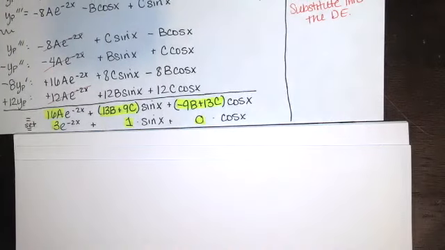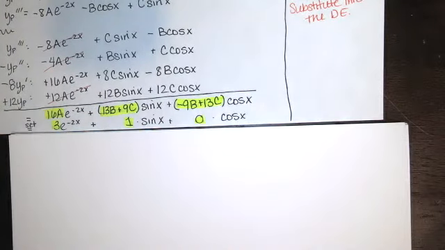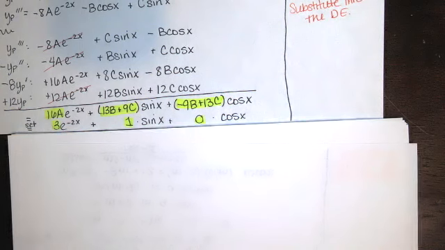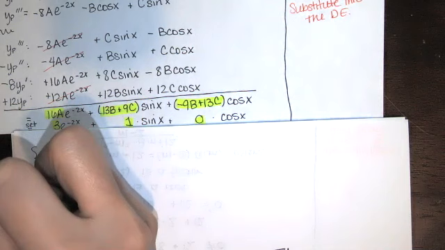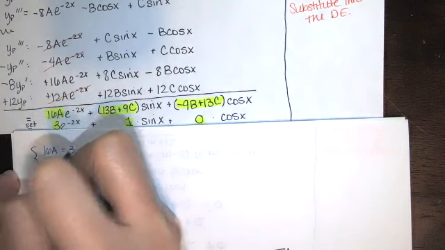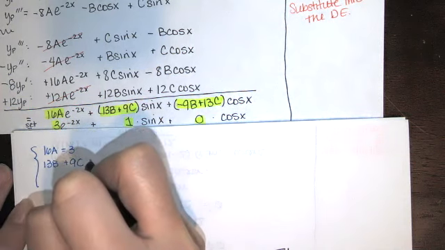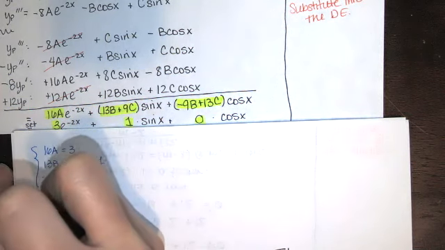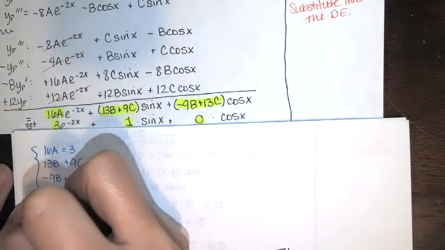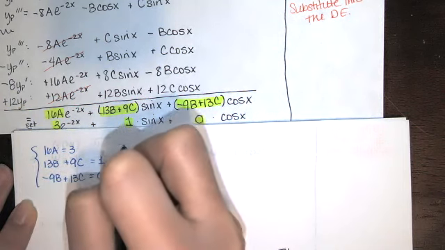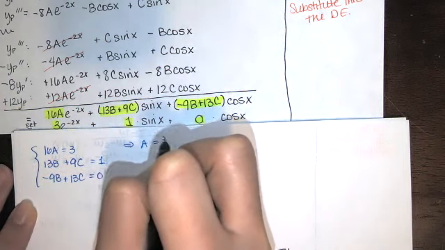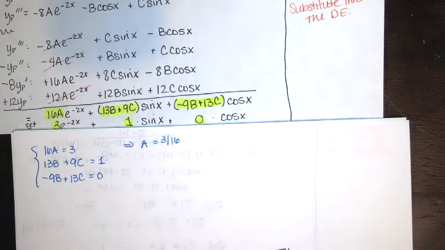So I've got that there. 16a equals 3, 13b plus 9c equals 1, and -9b plus 13c equals 0. And if you're solving for a, you get a equals 3 over 16.